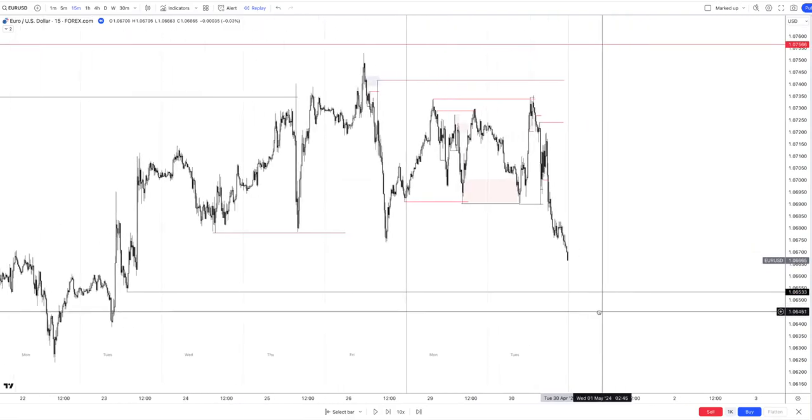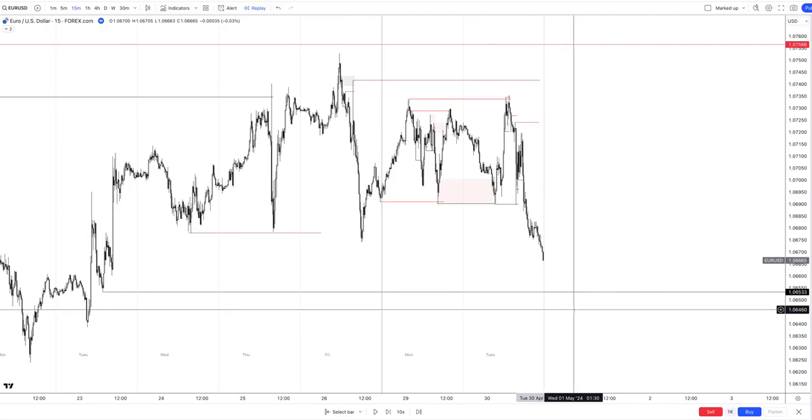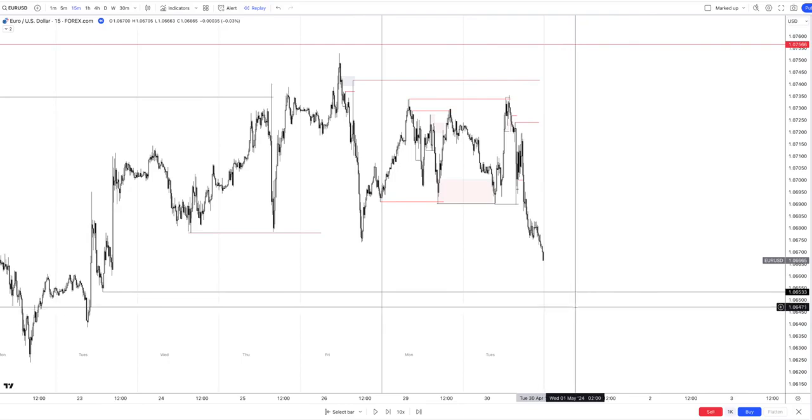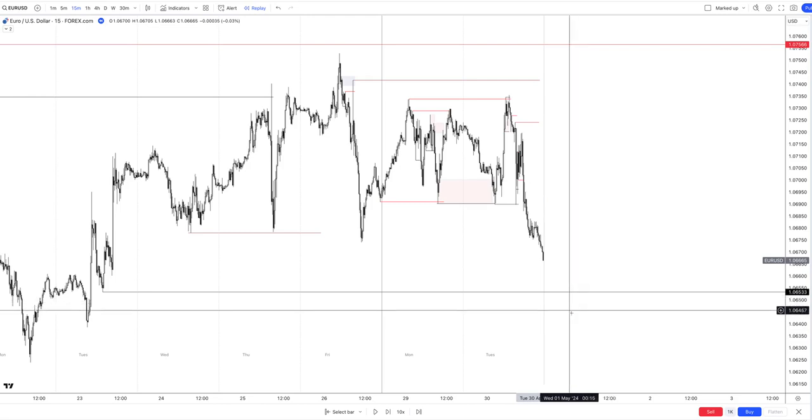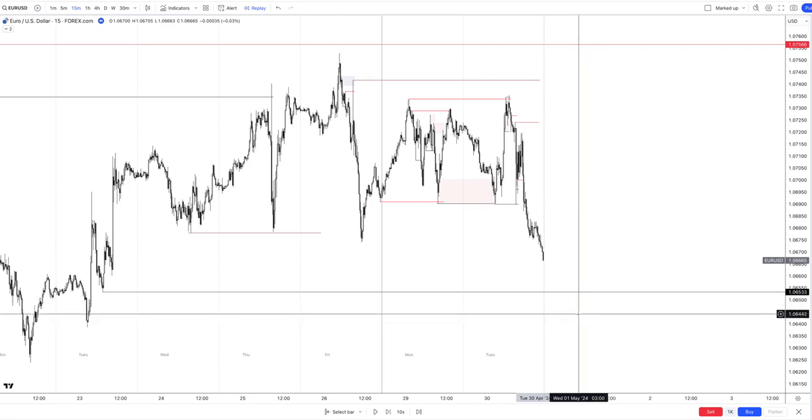So midweek is coming, as we've talked about a couple times. Wednesday, typically, if we have a bullish bias on the higher time frames, listen to this carefully, Wednesday will typically print the low of the week for us.